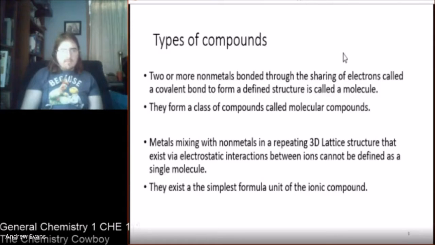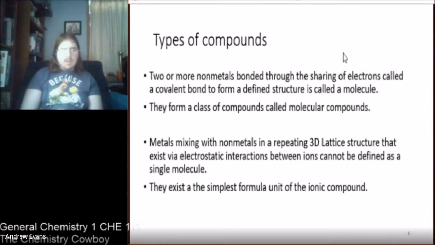Now, when you take a metal, which is typically positive, with a nonmetal, which is typically negative, we form a repeating 3D lattice. We have what are called electrostatic interactions, the positive-negative interactions, kind of like a magnet. So we cannot define this as just one single unit; it's actually a crystal structure.